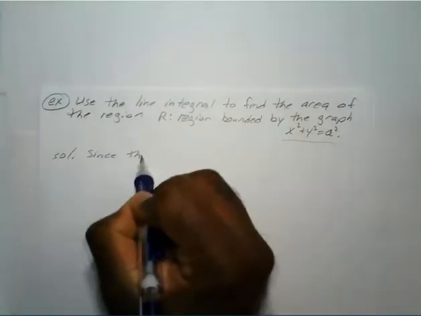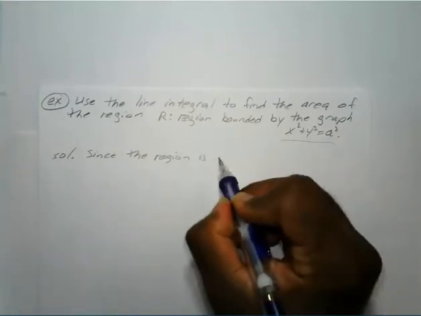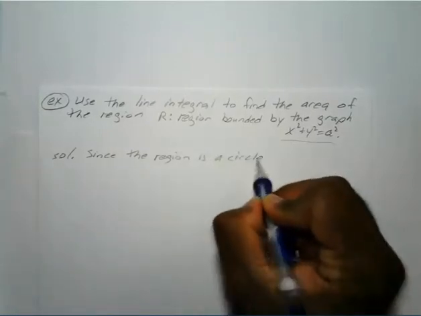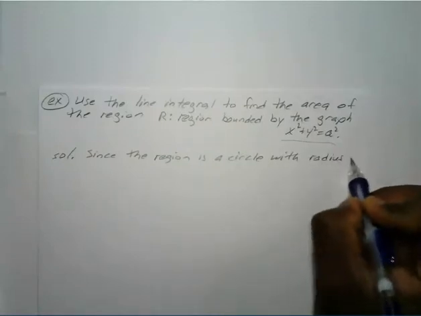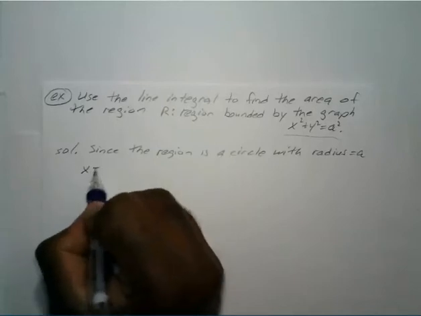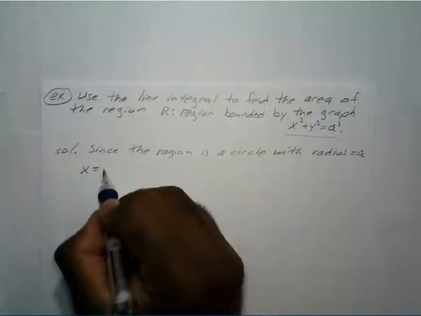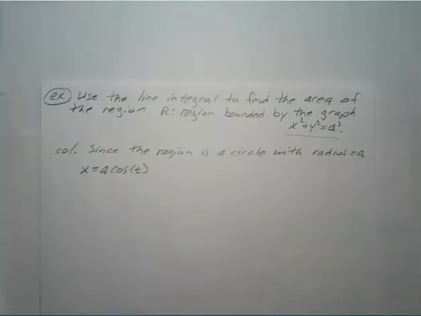Since the region is a circle with the radius equal to a, x is equal to, instead of r cosine theta, a cosine of t, not theta.